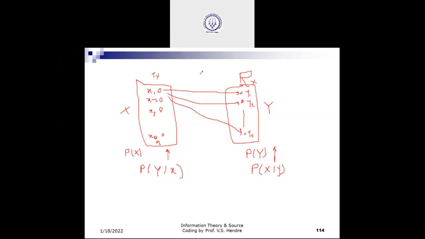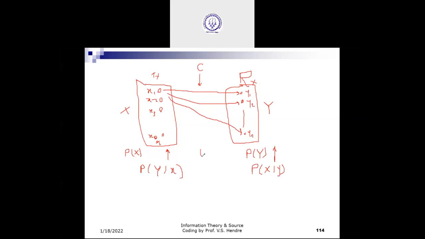Now, what is remaining in between? This is your channel. So for this channel, what is the probability that we can calculate? If I am in between the transmitter and receiver, along the channel, I can look towards the transmitter and I can also look towards the receiver.